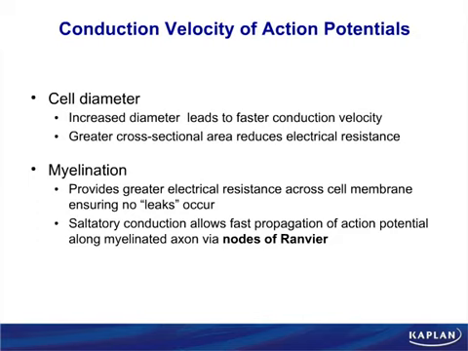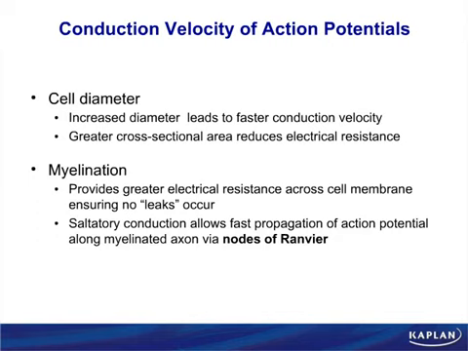Big neurons have a big diameter, so they have less internal electrical resistance, and so the action potential conducts faster. If you have a small diameter neuron, it has greater internal electrical resistance, and thus the conduction velocity is less. So, conduction velocity is directly related to diameter.